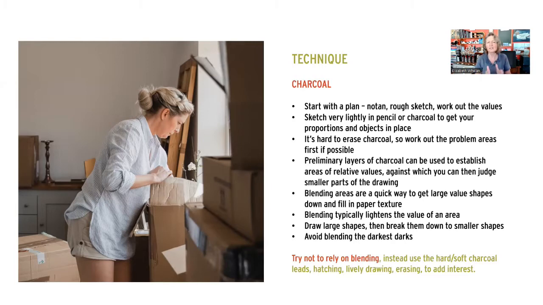So relative value is really just a practice of looking at an area you're working on and saying, is this darker than or lighter than the area around it? And what you end up doing is constantly looking around your drawing and going, wait a minute, okay, the back of her legs are actually darker than the box behind, which is lighter than the cupboards behind.